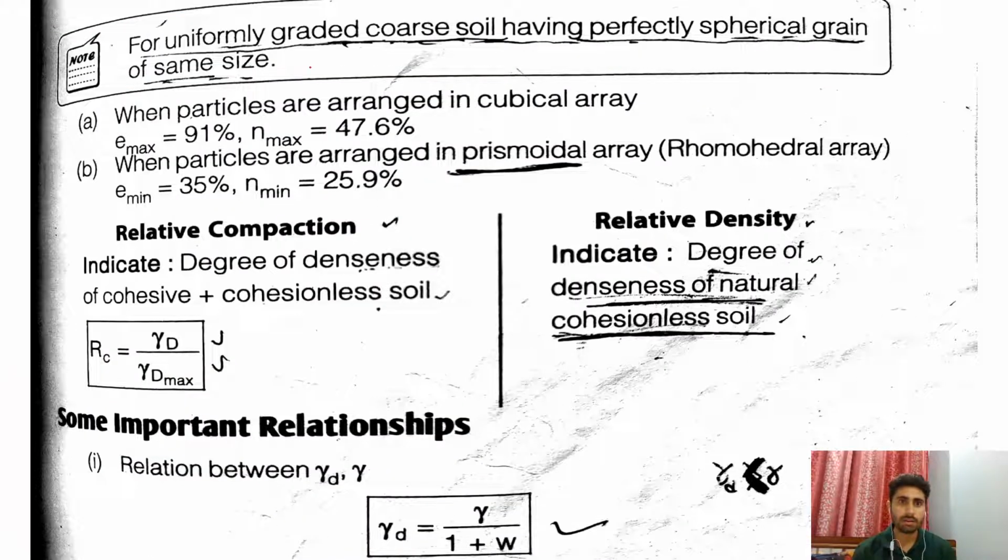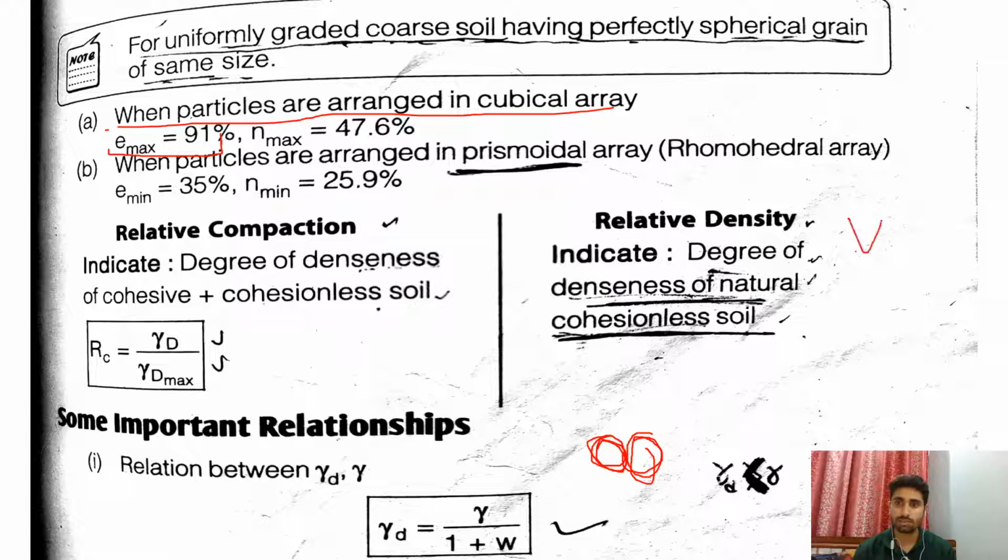Let's go further. So there is one note. When particles are arranged in a cubical array, we can get the maximum void ratio. If you are getting a maximum void ratio, what is it indicating? It is indicating that the volume of voids is more.